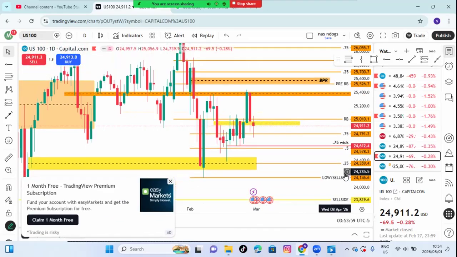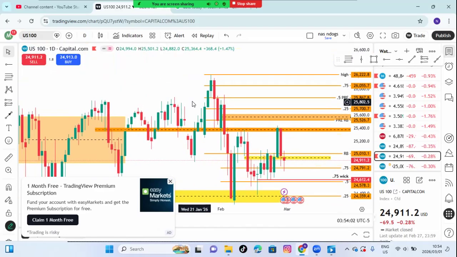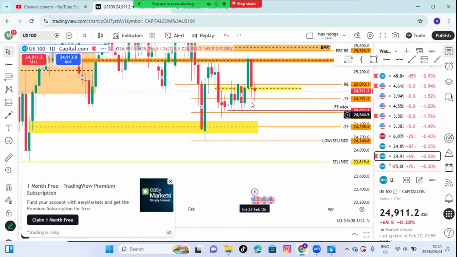So we'd like to see, because in this leg here, you don't have any open fair value gaps, right? So we like to see the first fair value gap that forms here to be a runaway gap, basically, or rather a breakaway. It should be a fair value gap that's going to remain open, basically.